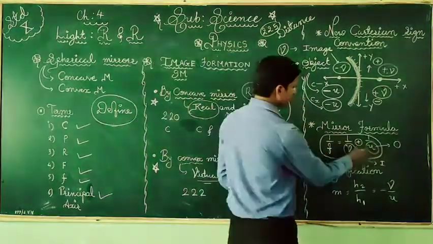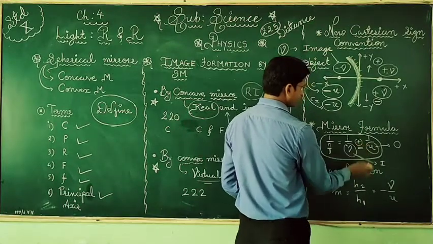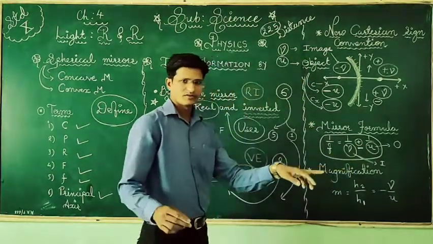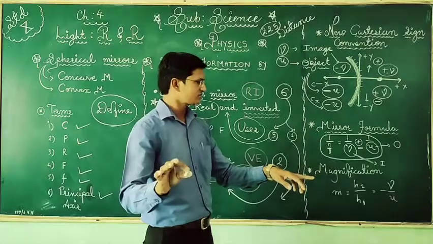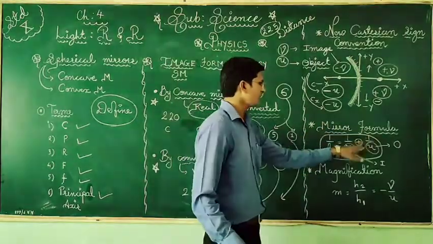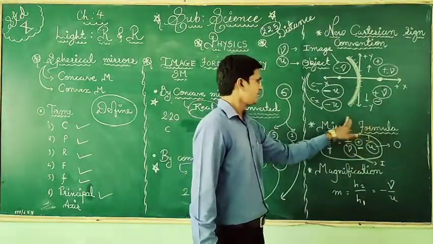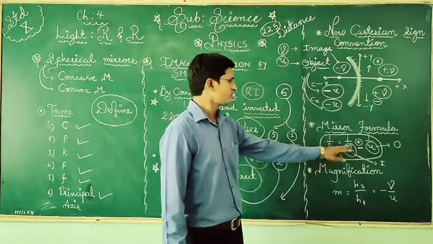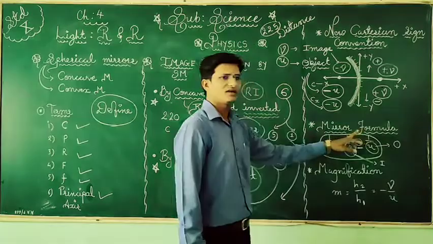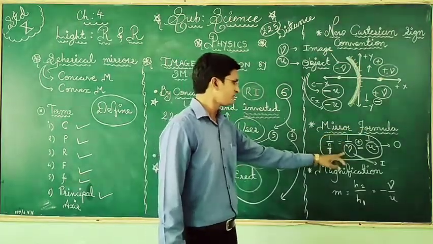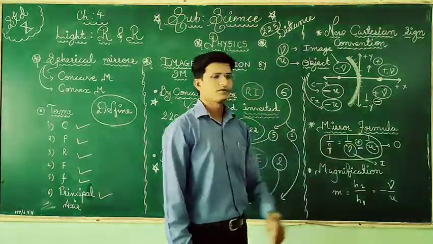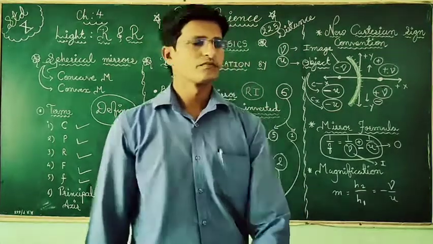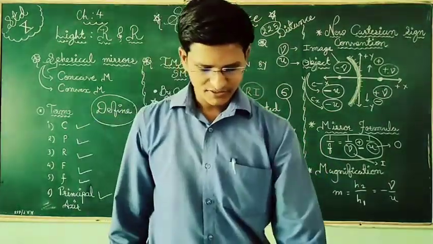For the mirror formula a plus sign comes, and for the lens formula a minus sign comes. So 1 upon v plus 1 upon u for the mirror formula, and for the lens formula 1 upon v minus 1 upon u, which we will discuss.